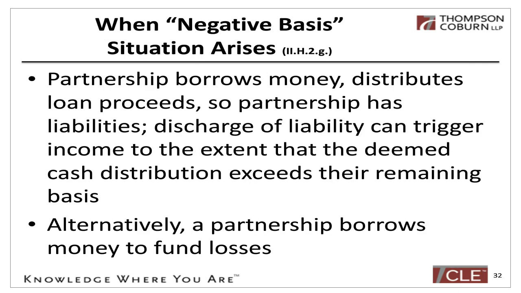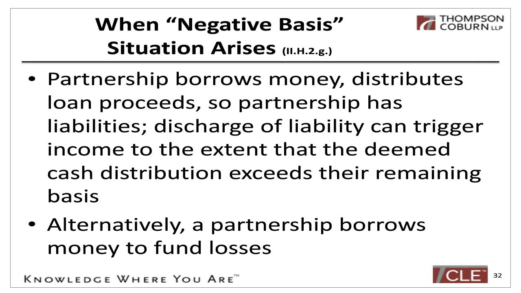So when does this issue occur? If a partnership borrows money and distributes the loan proceeds, now the partnership has liabilities, but the cash got distributed out. So the partner got basis for the debt that the partner got allocated, but the partner used that basis when he got the distributions.